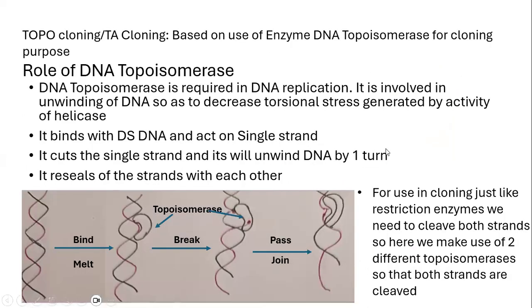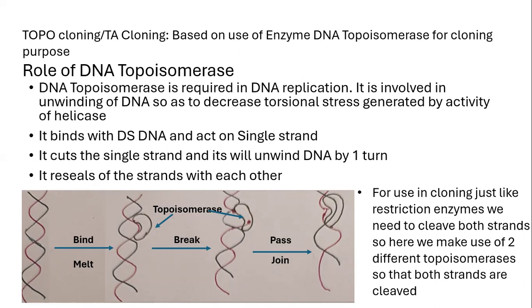Now the third point that we will discuss is the topo cloning method, which is also known as the TA cloning method, based on the use of the enzyme DNA topoisomerase for cloning purposes. I hope we remember the role of DNA topoisomerase. It is involved in the DNA replication process.